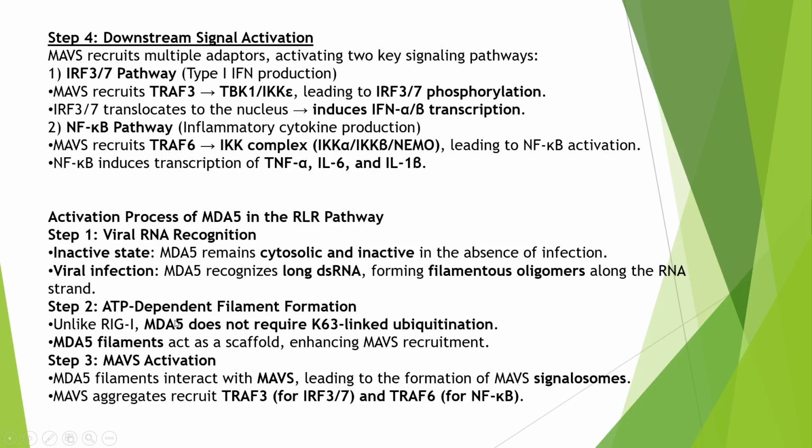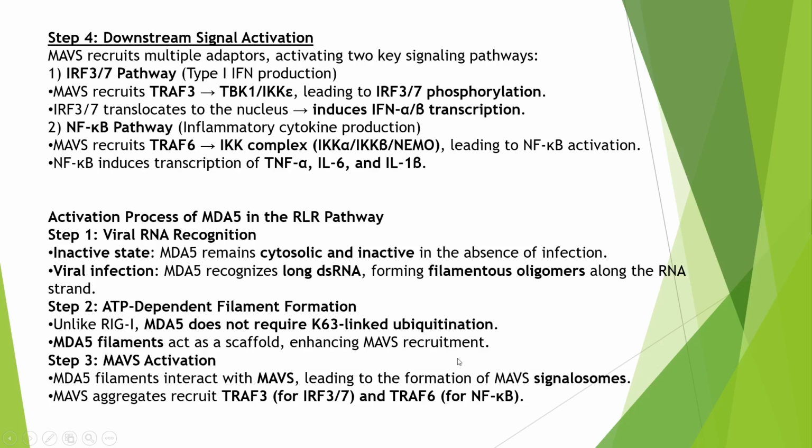Unlike RIG1, where ubiquitination helps in its activation, MDA5 does not require ubiquitination. MDA5 filaments act as a scaffold, enhancing MAVS recruitment. Since they form filamentous oligomers, they form a scaffold which will help in MAVS recruitment. So this also then binds to MAVS and forms MAVS signalosomes.